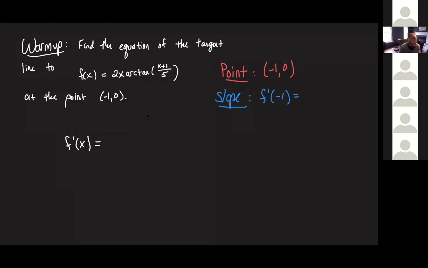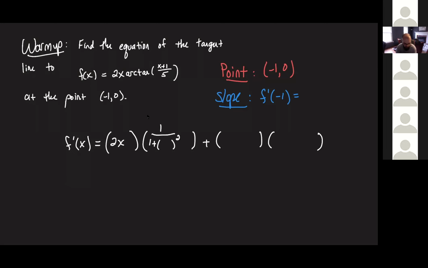All right, so let's go ahead and set up, so I said product rule. So we'll set up our parentheses, our framework to do product rule. So I'm going to have my first function, which is 2x. I'm just going to leave that alone. Now I have to multiply by the derivative of my second function. So we remember that the derivative of arctangent is 1 over 1 plus that inside function squared.